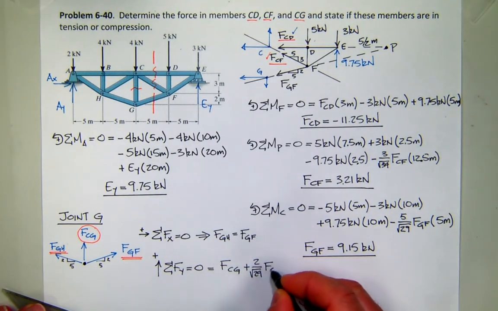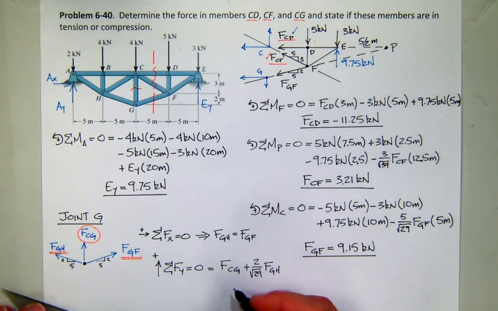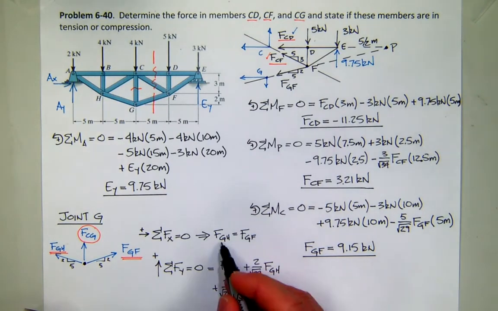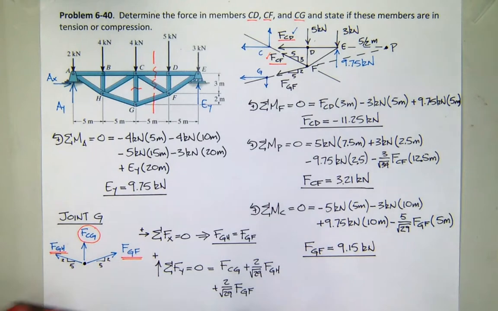And that would be the force in GH, and then plus the other one, 2 over the square root of 29, the force in GF. But remember, they're equal. So we should be able to solve for the force in CG.